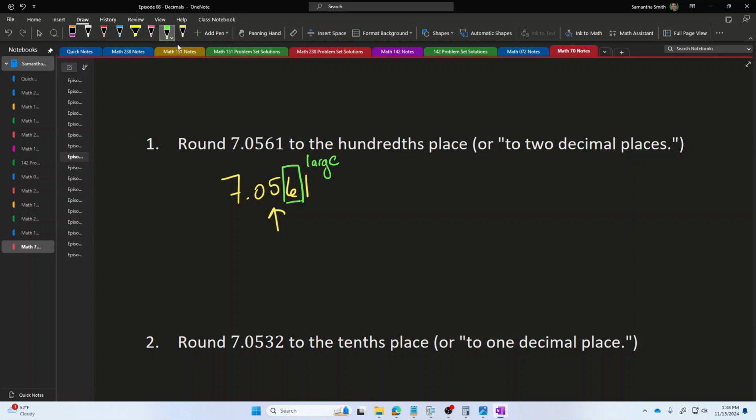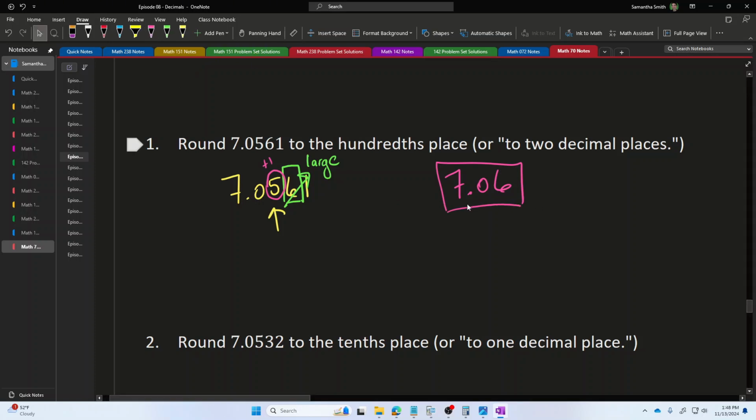So I'm going to delete these numbers at the end of 7.05, but then I'm going to increase the digit here by 1 unit. And so, rounded to the hundredth place, rounded to 2 decimal places, this value would become 7.06.